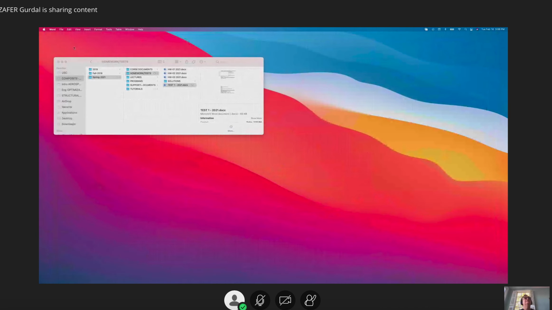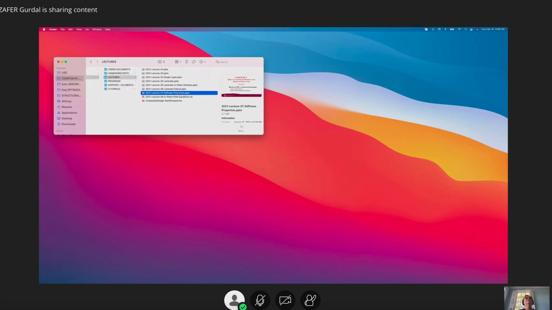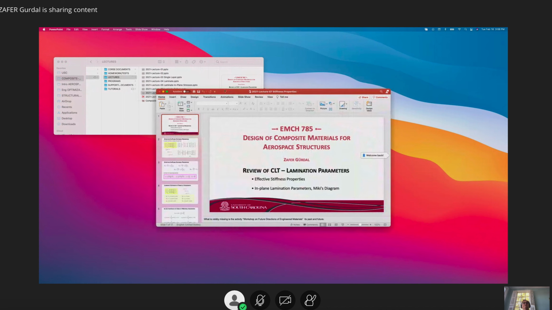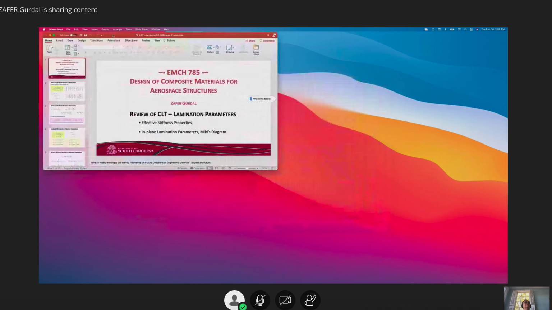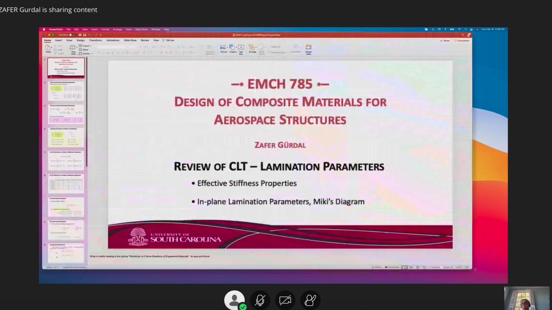All right, so I'm going to close this file, save, and go to what we were doing in the lecture. I stopped in the middle of the stiffness properties, because I thought that's what was needed for test 1.